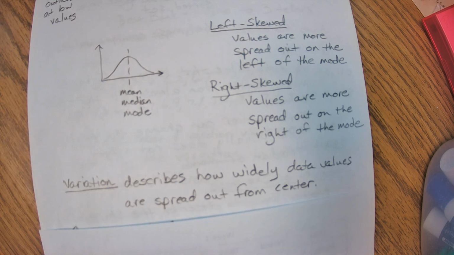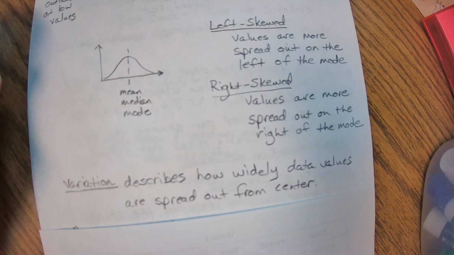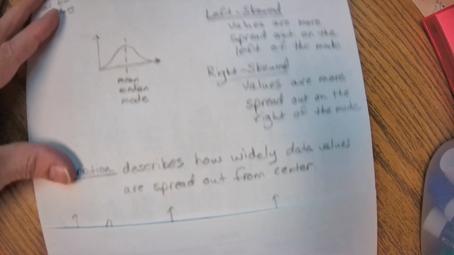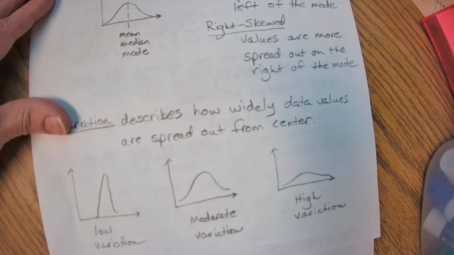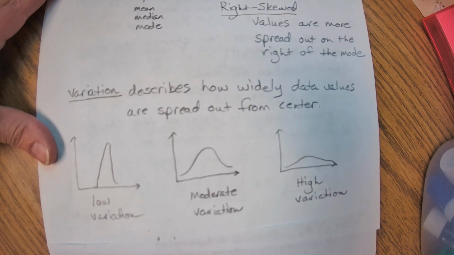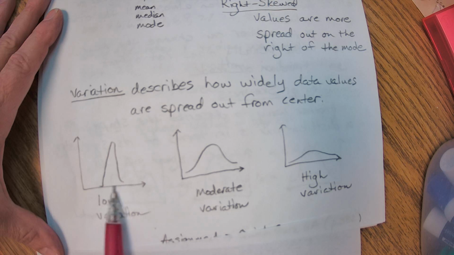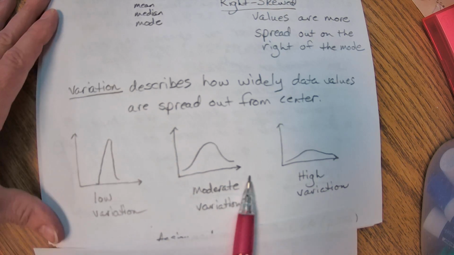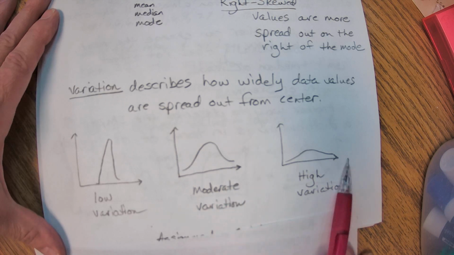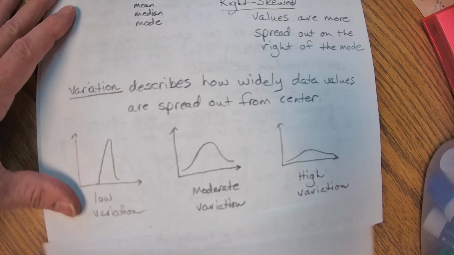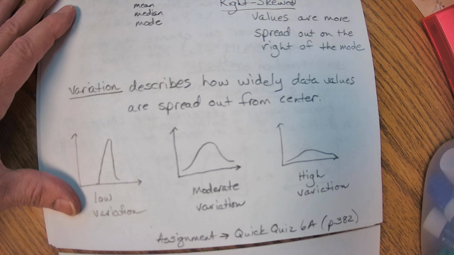Variation describes how widely the data values are spread out from the center. If you were to graph your distribution of values, this would be a very low variation, like the range of the data is very small. This would be a moderate, and then this one would be a high variation.